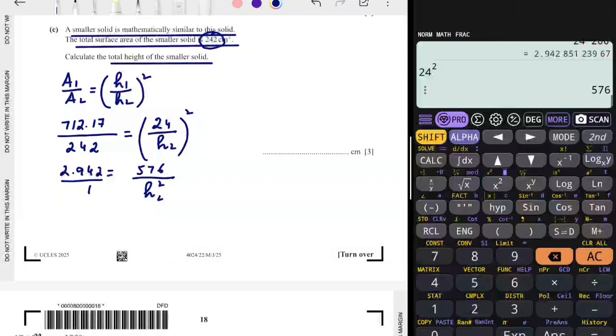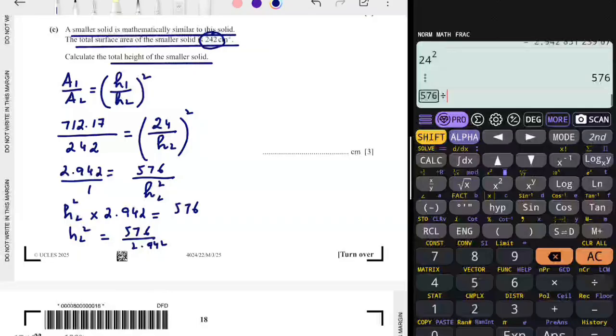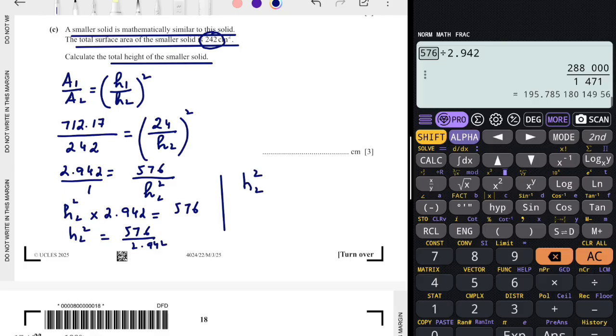Now we cross multiply, so H2 square times 2.942 is equal to 576. So we'll divide 576 by 2.942, so this becomes H2 square is equal to 195.78.